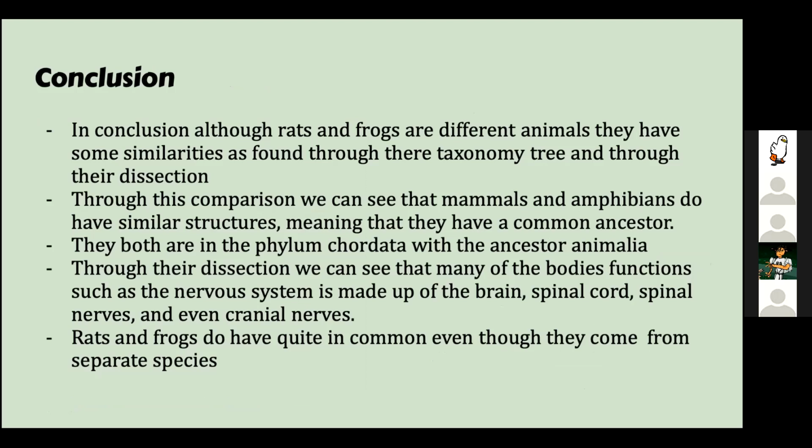As we have seen, both rats and frogs are in the phylum Chordata in the kingdom Animalia. Through their dissection, we can see that many of the body's functions, such as the nervous system, are made up of the brain, spinal cord, spinal nerves, and even the cranial nerves. What we have come across is that rats and frogs have quite a lot in common, even though they come from separate species.